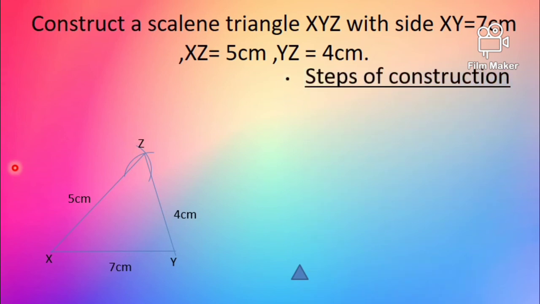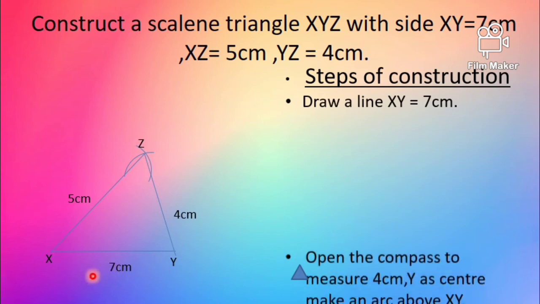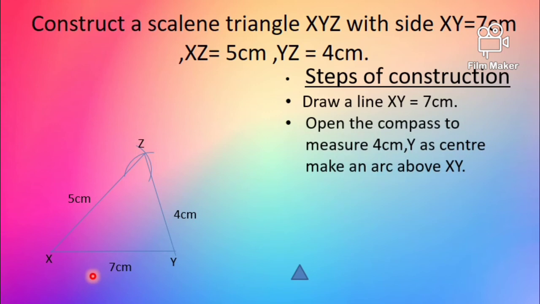Now let's look at the steps of construction. The first step which we have taken to draw a scalene triangle: draw a line XY of 7 centimeter. In the second step, open the compass to measure 4 centimeter and with Y as a center, make an arc above XY.